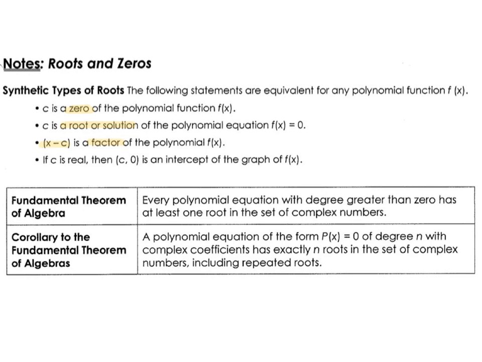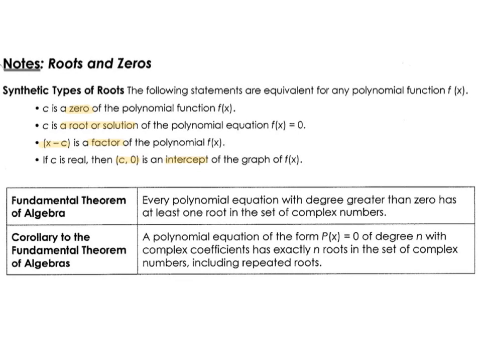All right, so here we're talking about x minus C. And if C is real, then (C, 0) is an intercept of the graph of f of x. So that becomes our x-intercept. I don't know if you guys remember at the beginning of the year, we talked a lot about vocabulary. Anytime we're talking about roots, zeros, solutions, x-intercepts, it's all the same thing.